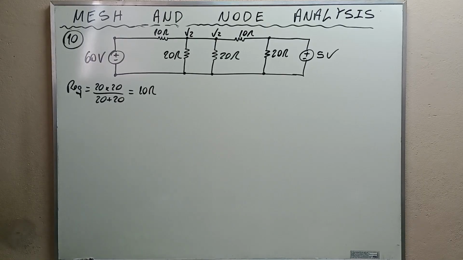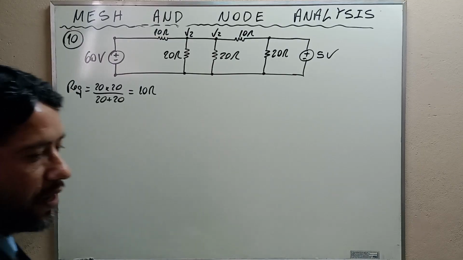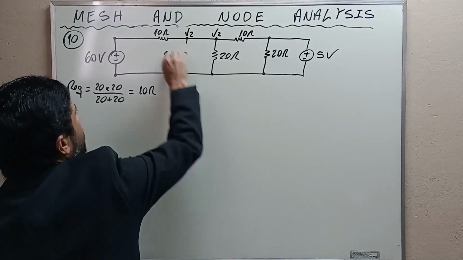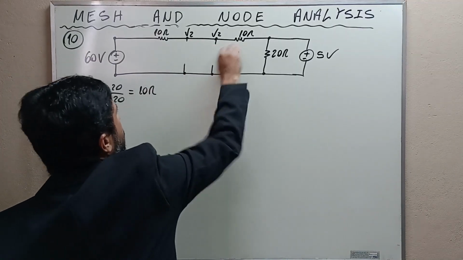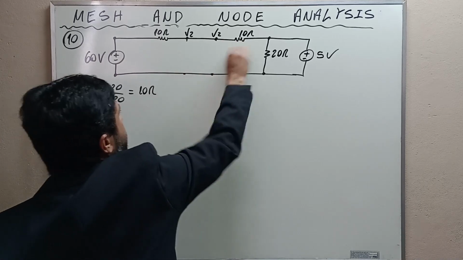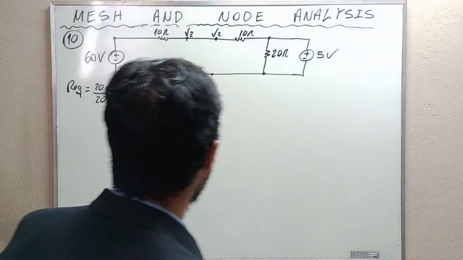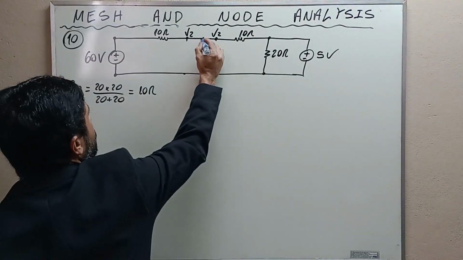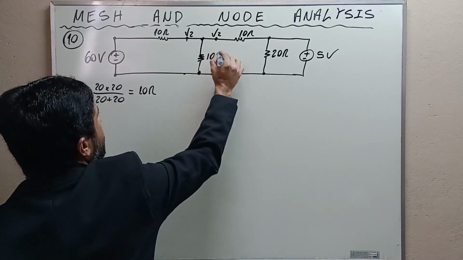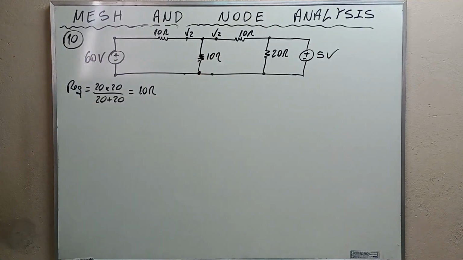And then the circuit can be redrawn as this. We can simply erase this and this and connect this 10 ohms resistance here, alright?